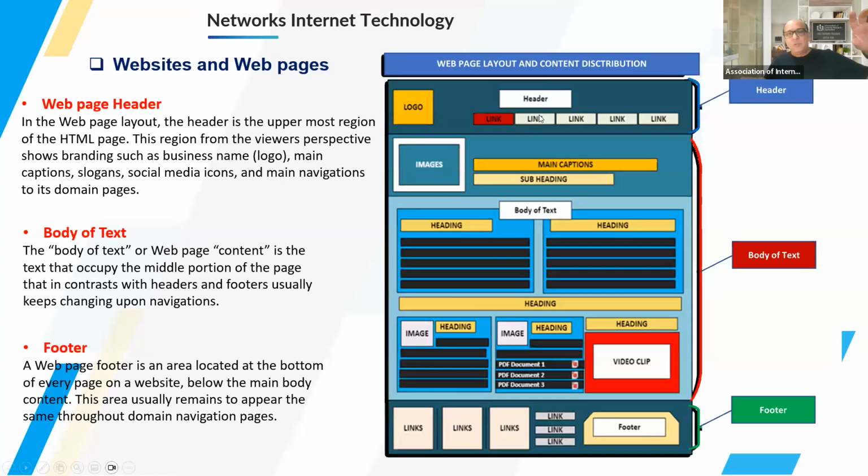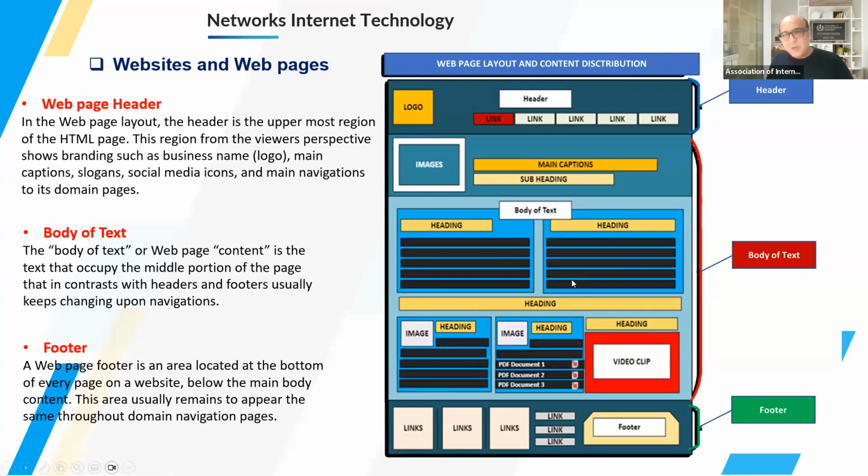Whichever page you go to on that domain or website, you will notice the header remains the same. And even the footer remains the same. Remember how you have noticed the footer has terms of use, policies, and a few other things, but it is also a constant feature of that website.